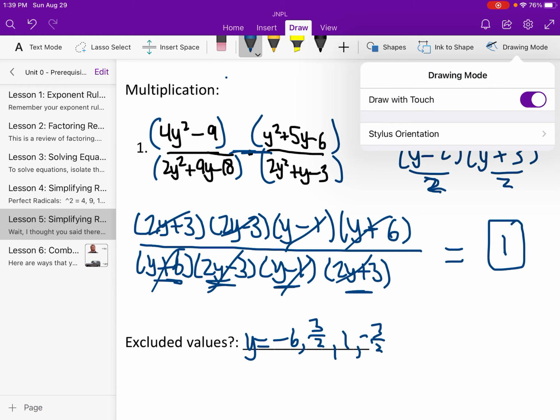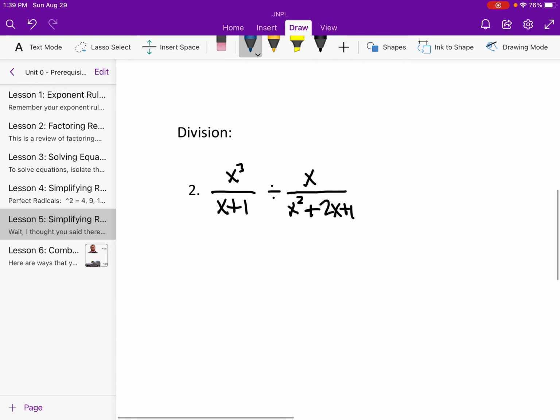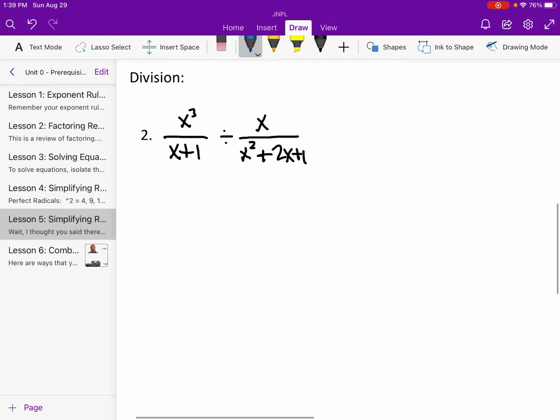Okay. That was that problem. Division, though, what do you do for that? Let's see. So when there's division, sometimes you actually might see it like this. And this can look really crazy if you see this.